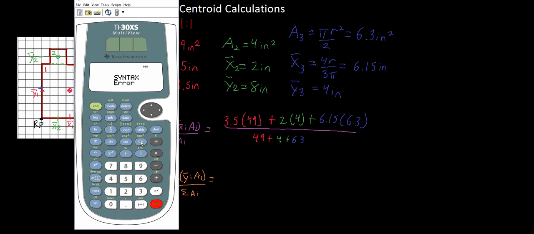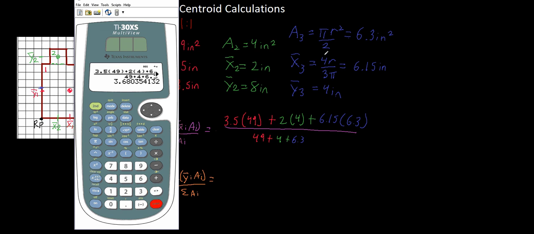Let's go back and see if we can, yeah, there we go. Plus 6.15 times 6.3. And then on bottom, we'll just have 49 plus 4 plus 6.3.